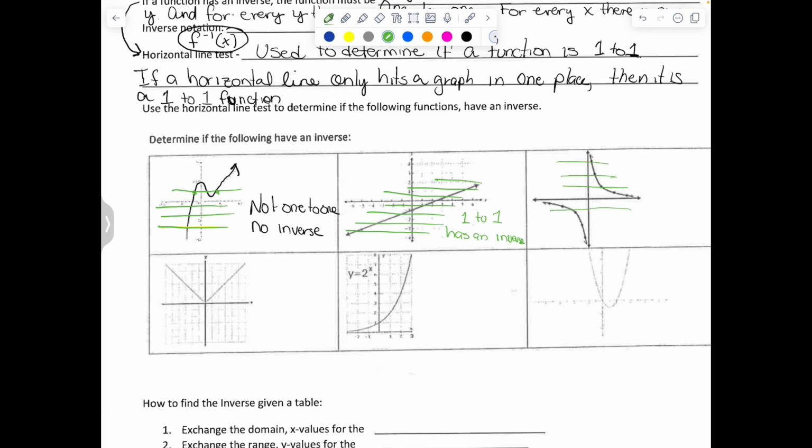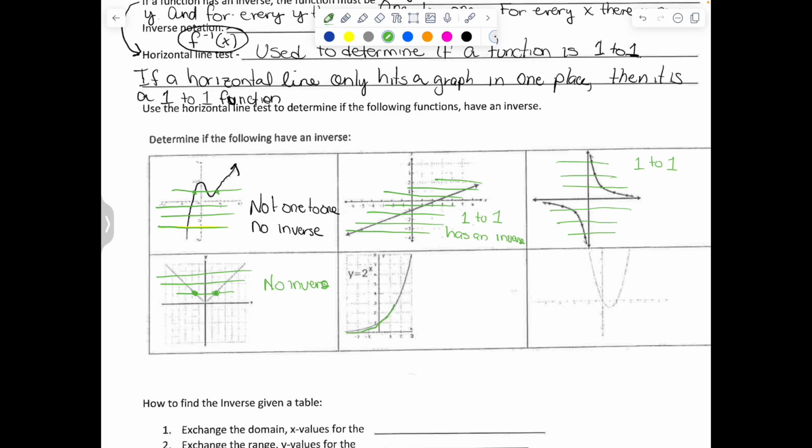When we draw a horizontal line, there's no place where it hits the graph twice. So this is a 1-to-1 function. It has an inverse. This is the absolute value, if you recall. It doesn't take long before we see that it fails the horizontal line test. So it has no inverse.